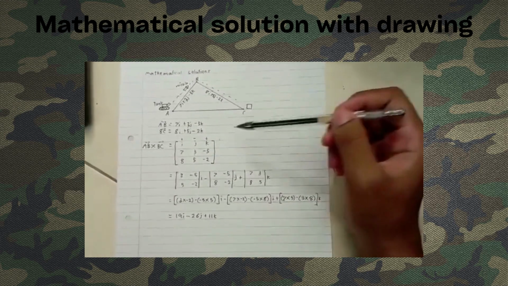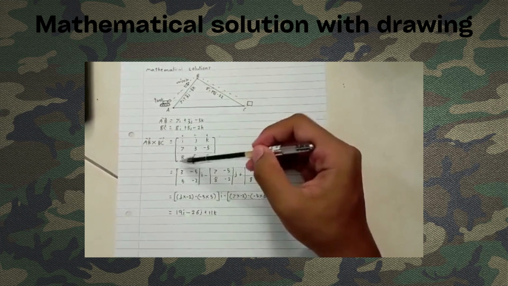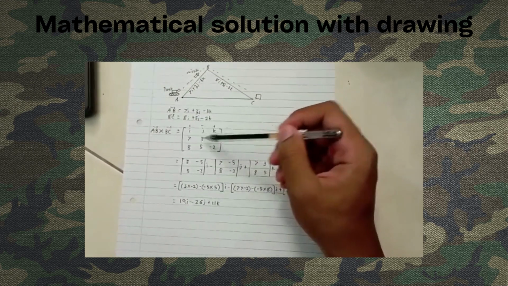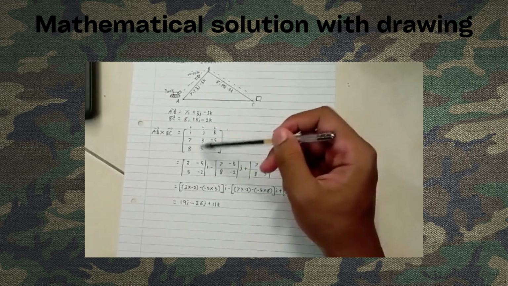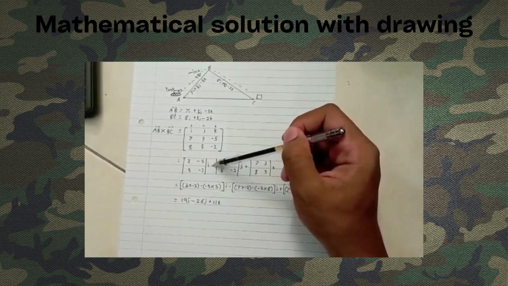For the next step, we look at i first: we take the first column and first row, remove them, and take the remaining matrix and multiply by i.